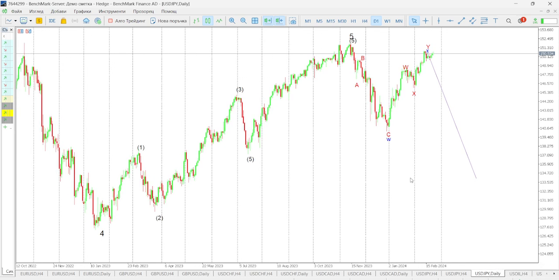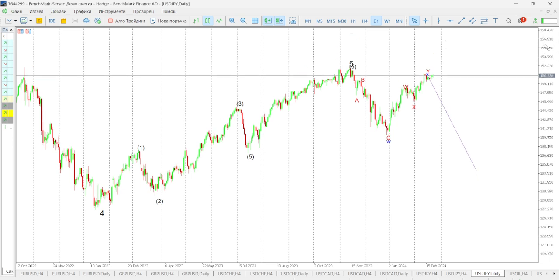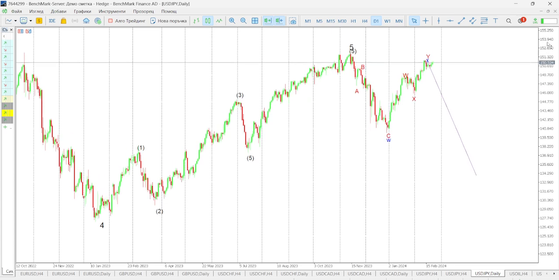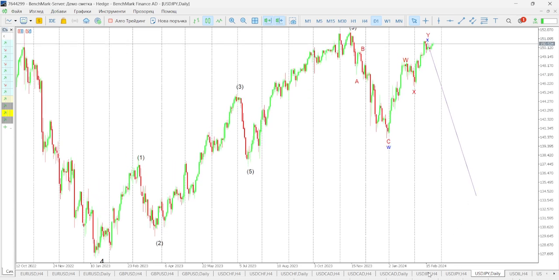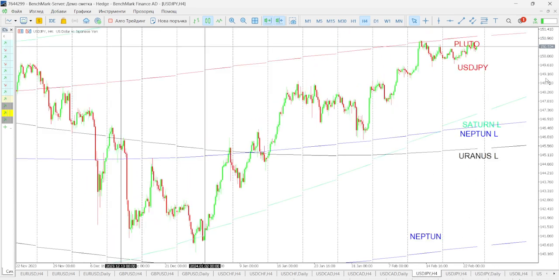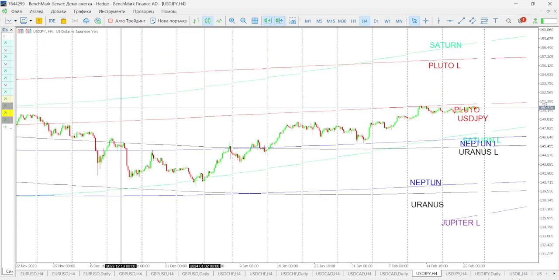On a daily time frame I expect something like that, but if the dollar is very strong, this count is not correct, maybe the price will continue going up for 10, maybe, I don't know, 15 figures. Let's see, where are the planets?